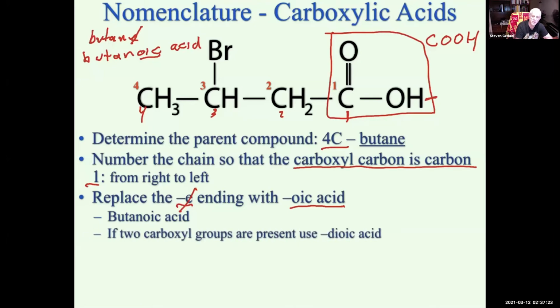If 2 carboxyl groups are present, we use dioic acid. Can you ever have a trioic acid? Somebody say no and tell me why.